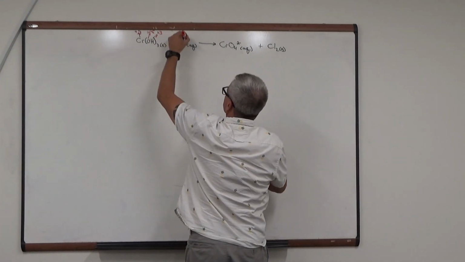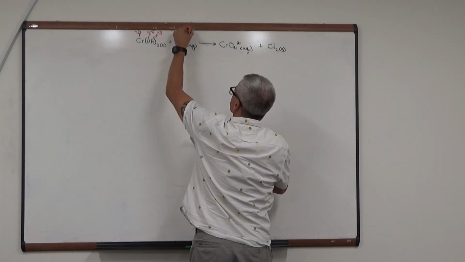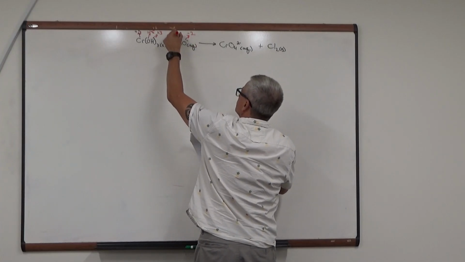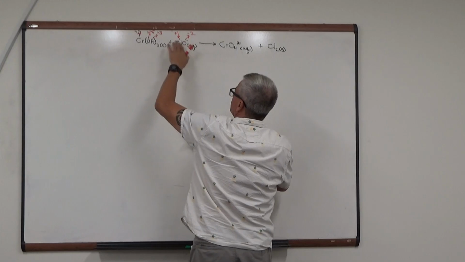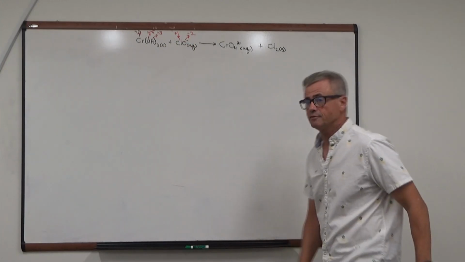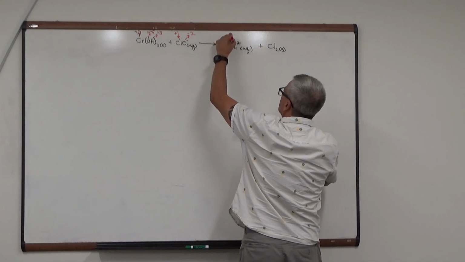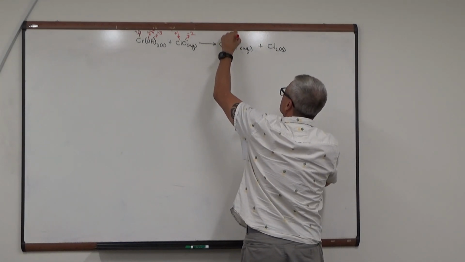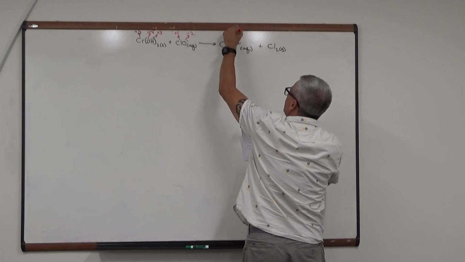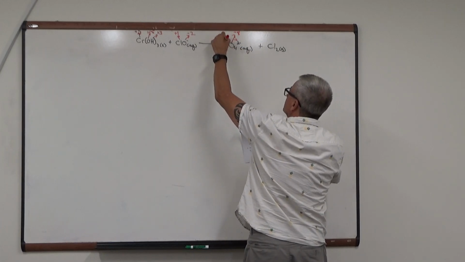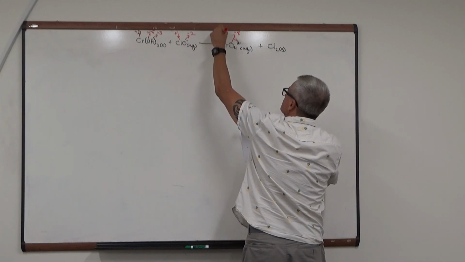This oxygen is -2, and since it's an overall -1, this chlorine is +1. That's the only way you could have an overall charge of -1 for the hypochlorite. Here we know that each oxygen is -2, so -8, and since the overall charge is -2, this chromium must be +6.